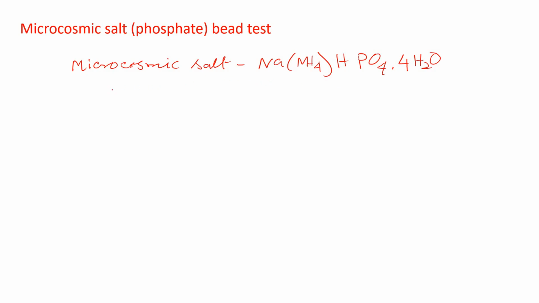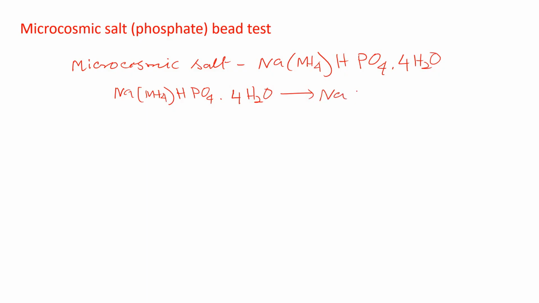When you are heating this salt, then this sodium, ammonium, hydrogen, phosphate, this is hydrated salt, 4 water of crystallization. So 4H2O, it is getting dehydrated and anhydrous salt is formed.